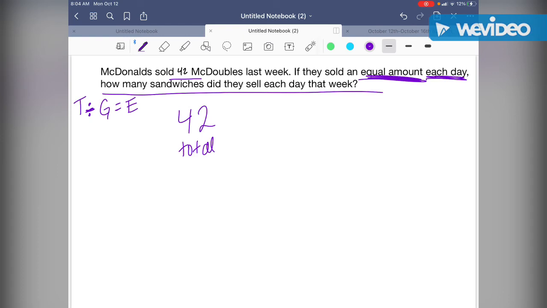How many days am I spreading out these 42 McDoubles between? There are 7 days in a week, so I'm going to say divided by 7. Whatever that equals will be how many goes in each.